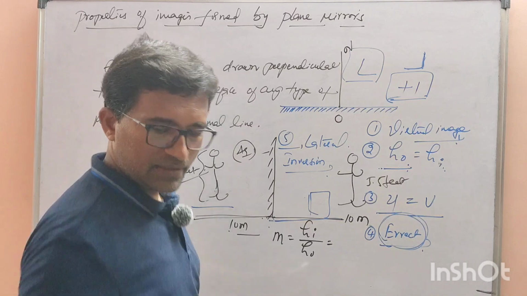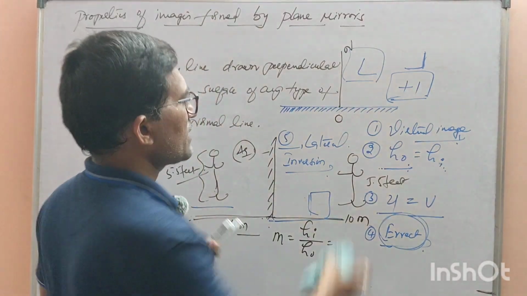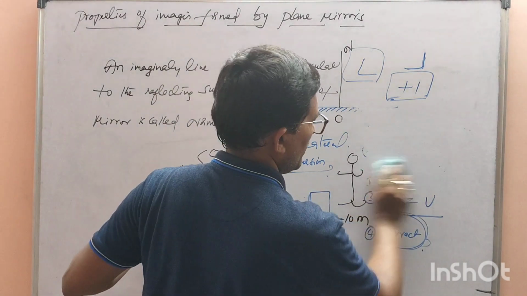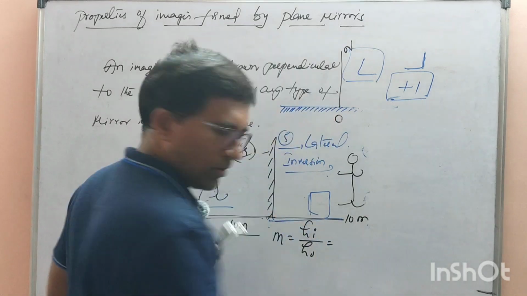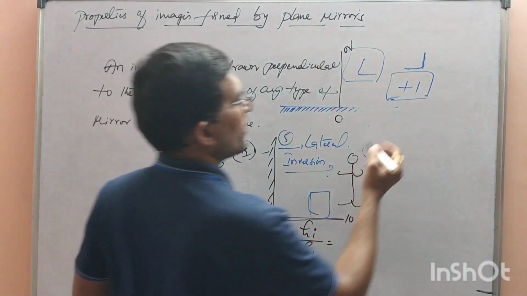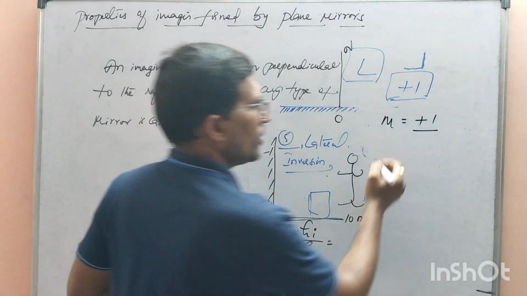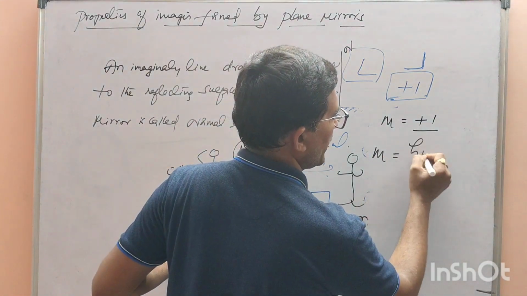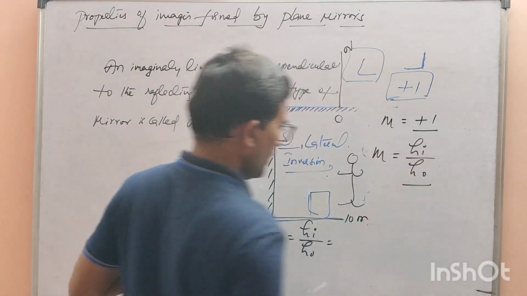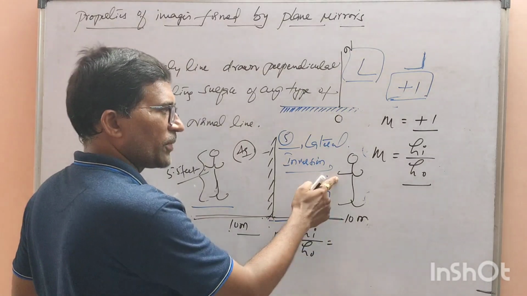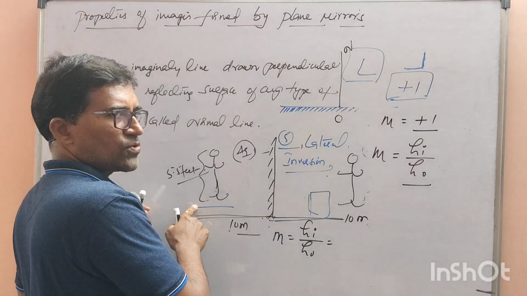I will erase this, and I will do the cancellation process here. Now, the magnification of the image formed by the plane mirror is always +1, I am telling you. We have the magnification formula, m equals height of the image divided by height of the object. For example, the height of the object is 5.5 feet, and the image height is also 5.5.